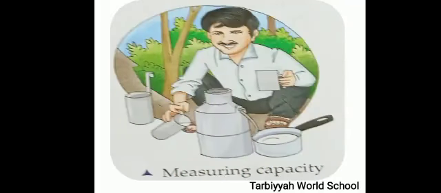Now see a milkman having measuring cans to know how much milk he should pour. So these are the different measuring cans a milkman has. He has to pour the milk by measuring through these cans.